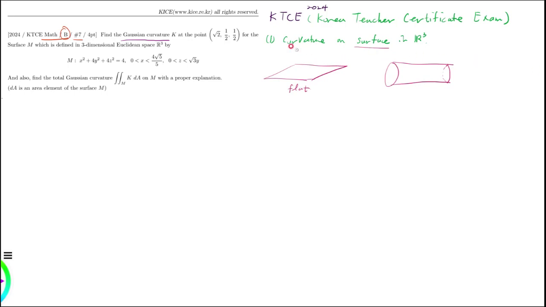The curvature intrinsically measures how much the surface is curved, which means how different it is from the plane, deviated from the plane in a given direction.